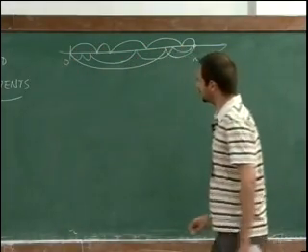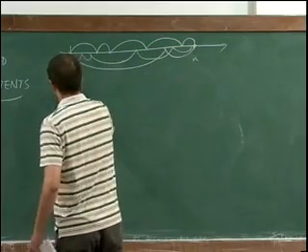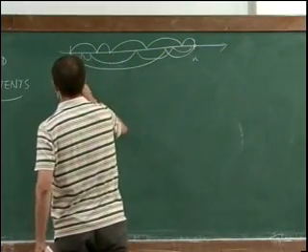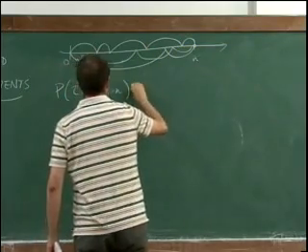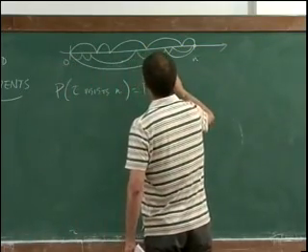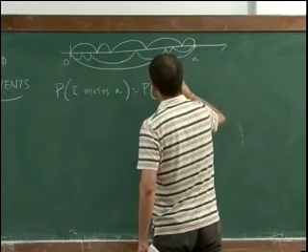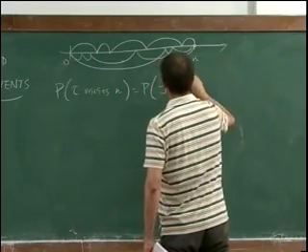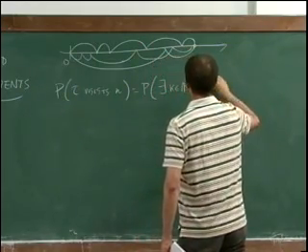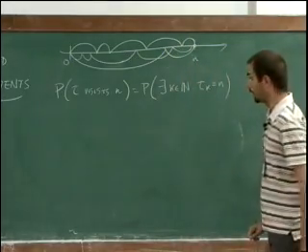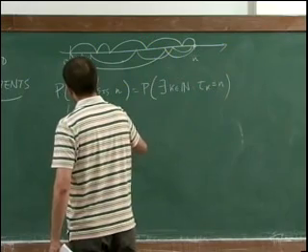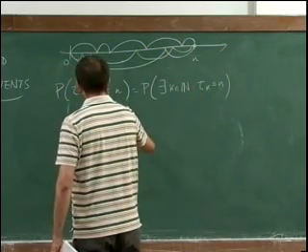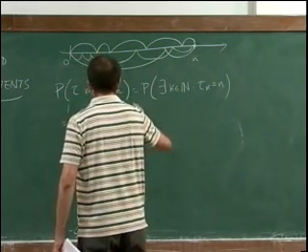So the probability that tau visits n is, more precisely, the probability that there exists an index k such that tau k equals n, the probability of the union over k of the events tau k equal n.